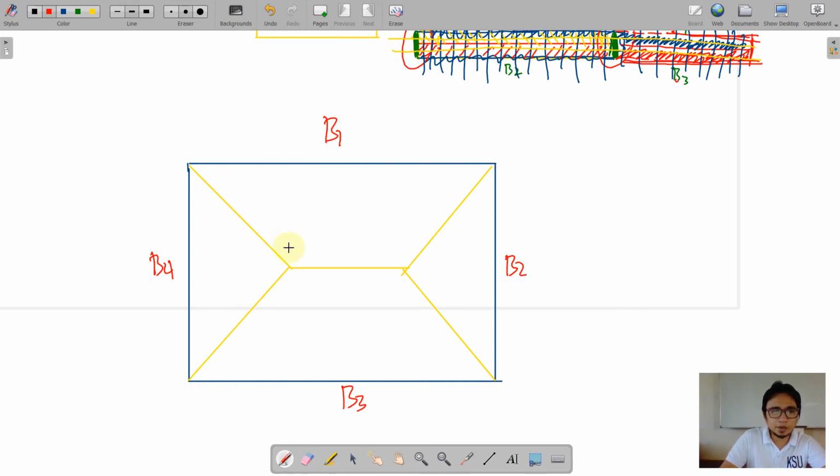We now have the tributary area shaped like this. So this will now be our basis in determining the area.